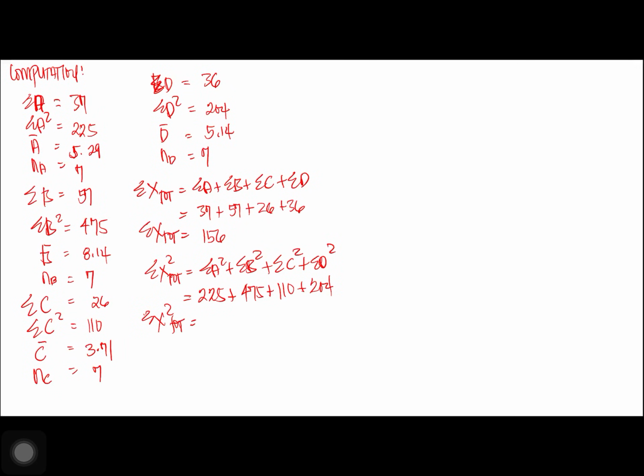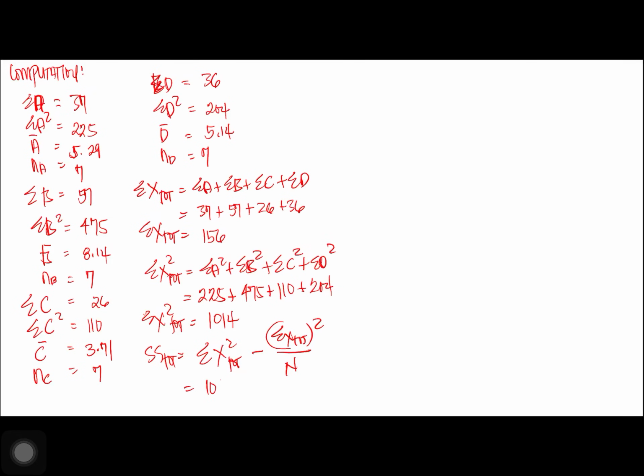So we have summation of X squared total equal to 1014. The next is, let us compute for the sum of squares total. That is equal to the summation of X squared total minus the summation of X total squared over N.